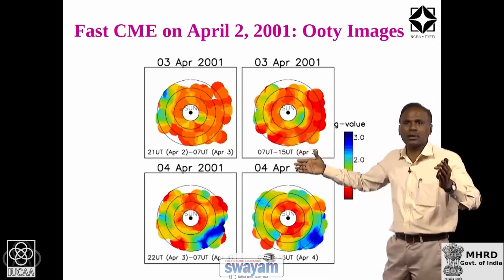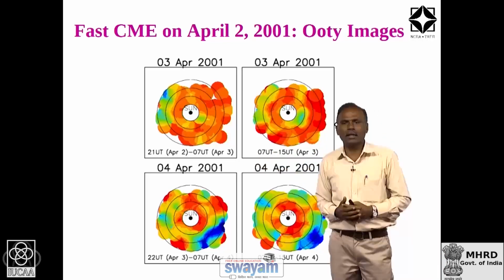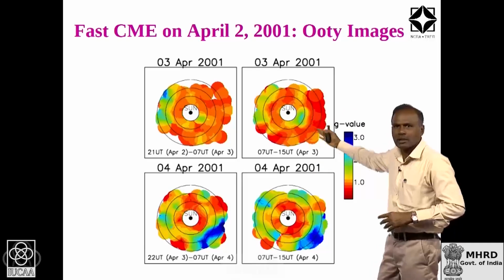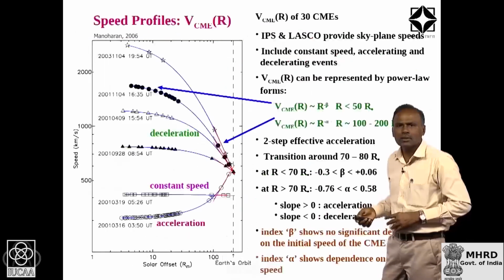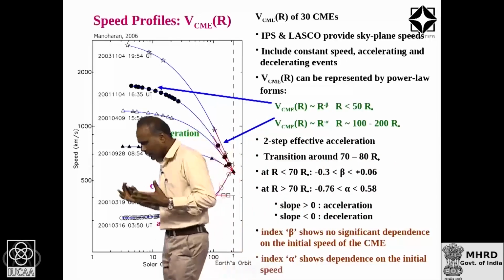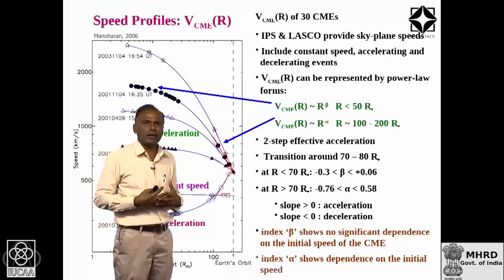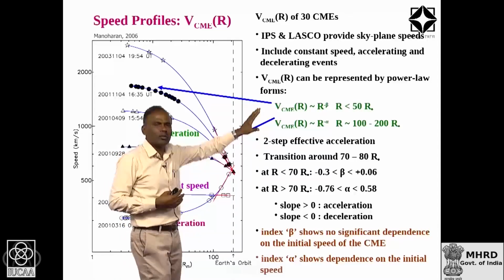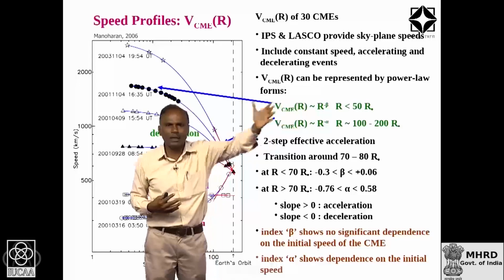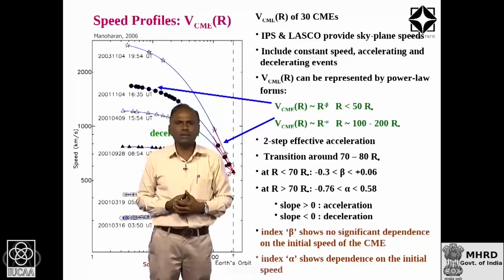So each plot is 2 AU diameter plot. So one can see the propagation of coronal mass ejection. So for example, the UT gave a very good understanding about the evolution of the coronal mass ejection as it goes from the sun to earth.